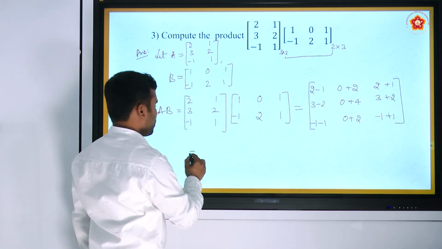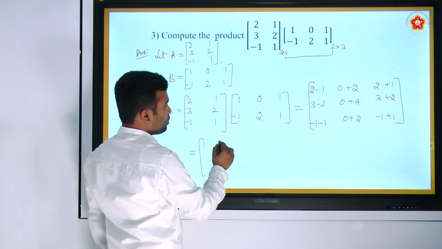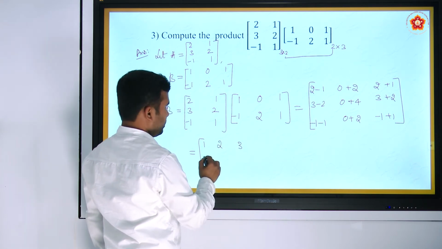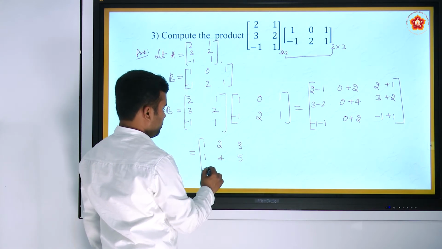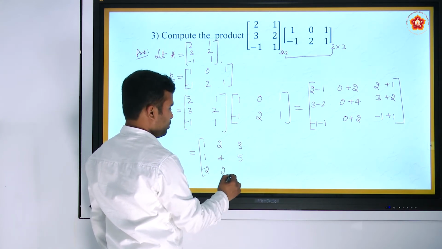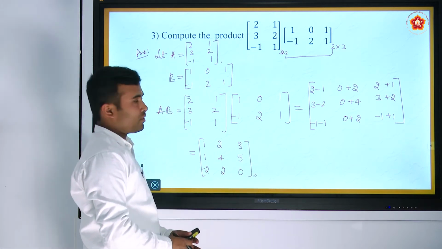So what will be the product matrix is 1, 2, 3, 1, 4, 5, minus 2, 2, 0. So this is the product matrix. Okay.